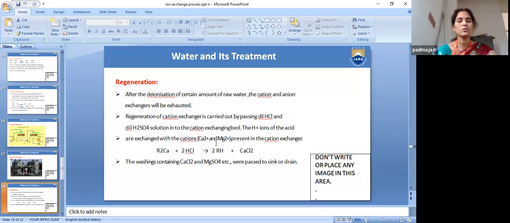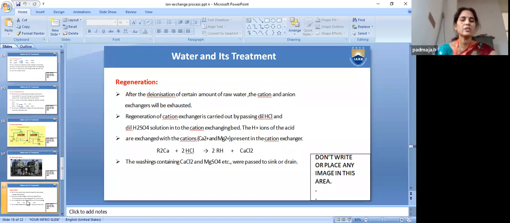So you can use that fresh cation exchanger resin for the purification of water. The washings containing calcium chloride or magnesium sulfate are passed to the sink or drain. So that is about regeneration of the cation exchanger resin.